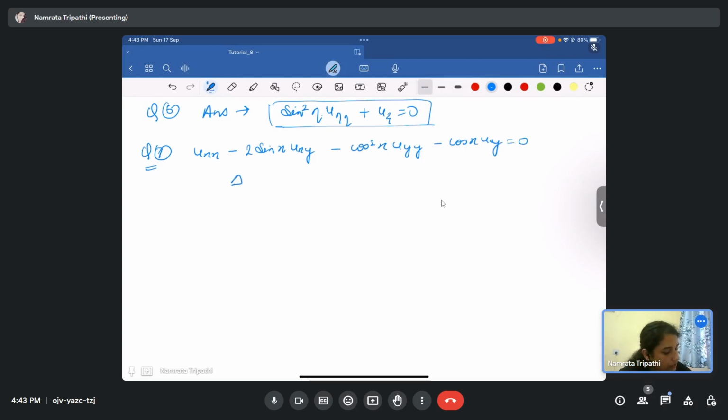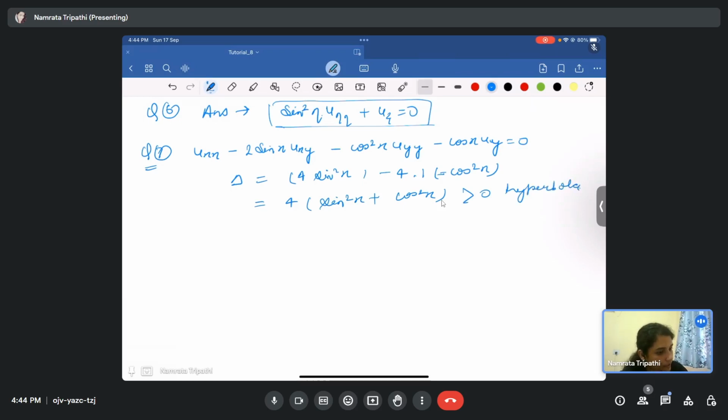If you check b square minus 4ac, and the expression is 4, this minus minus plus, so this is sin square x plus cos square x, which will become 1, that means positive, that means hyperbola.